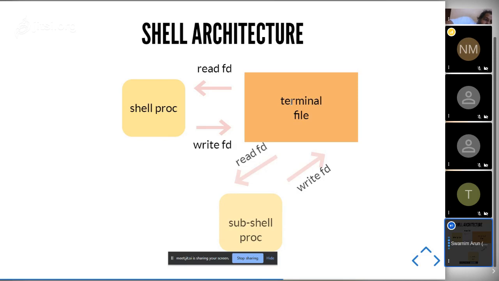Such as if you were to run Chrome or Firefox, and if there's a bug, or if Chrome or Firefox crashes, then you get the stack trace in the shell that you're viewing, because they inherit the file descriptors from the same shell process. This allows for a lot of things, including redirection, piping, and etc.